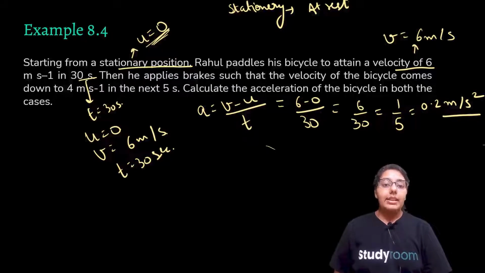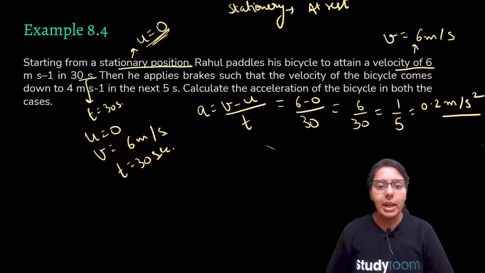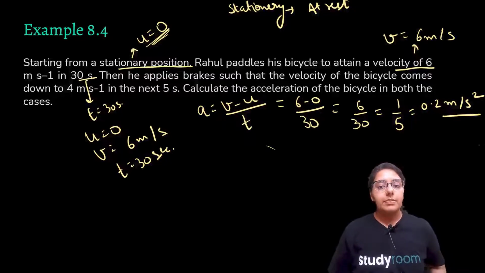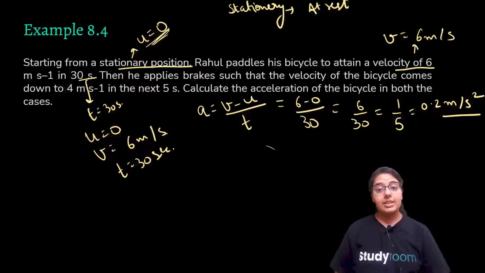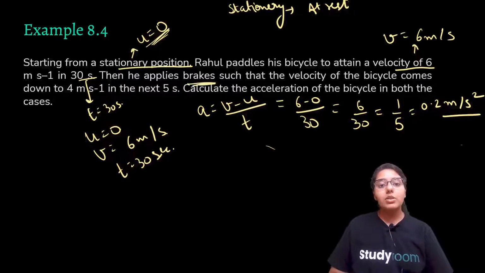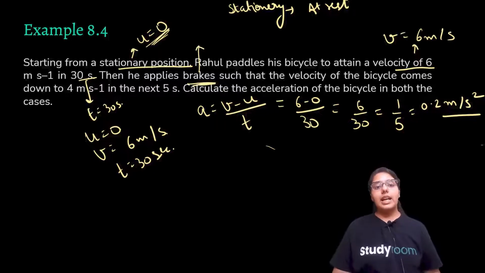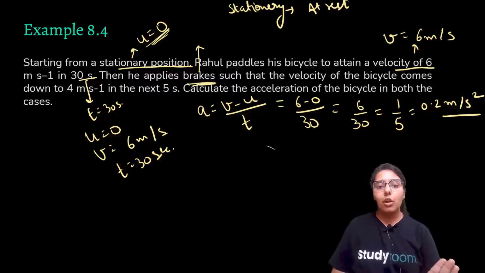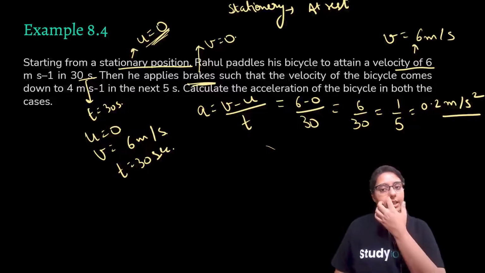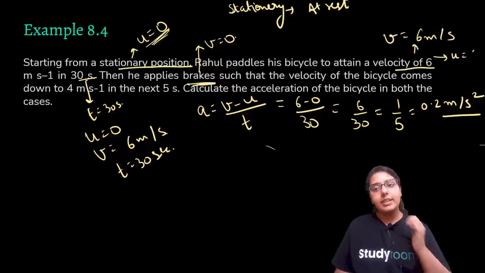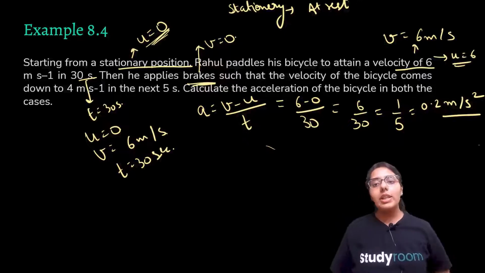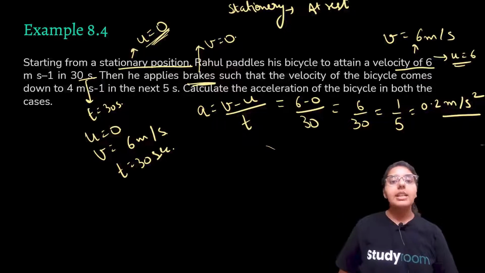So then what happens next? Then he applies brake such that the velocity comes down to 4 meter per second. If he is applying brake, what does he want? He wants that his bicycle should stop somewhere, right? So here his final velocity will become 0 and his initial velocity will be 6, right? In the second case, because now he is traveling at 6 meter per second, then he applies brake.